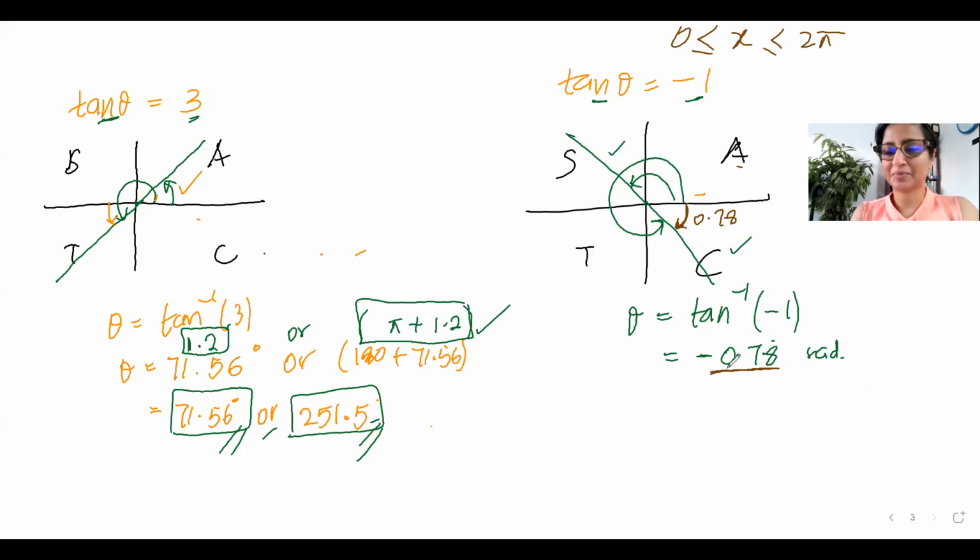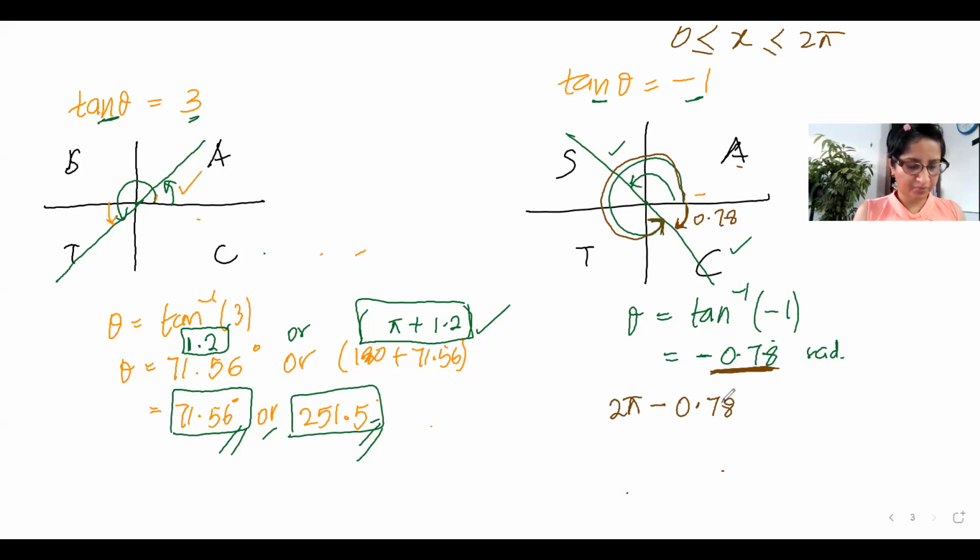Okay. So minus 0.78. That angle as a positive angle, how much? So I have to work it out. Shall we do it in radians now without going into degrees? So the equivalent angle for this is 2 pi minus 0.78, isn't it?